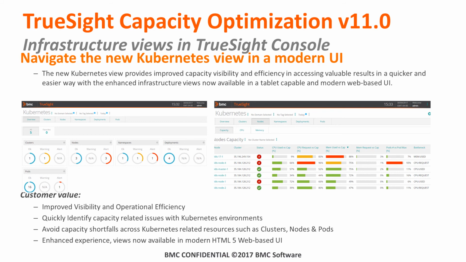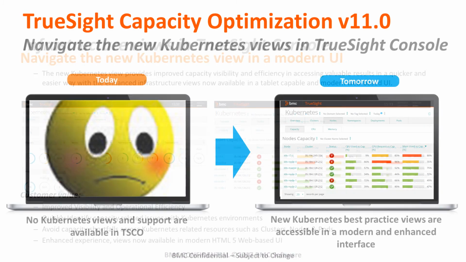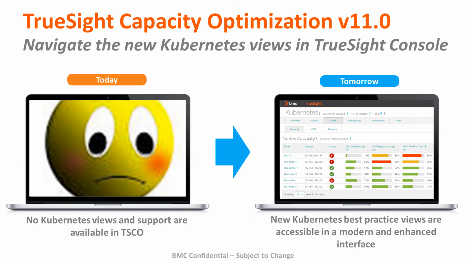They're designed to improve visibility into the environment, understand your current utilization across all the dimensions of Kubernetes, and then identify and avoid capacity shortfalls across clusters, nodes, pods, and all these various components within Kubernetes so that you ensure quality service. And it's all available within the enhanced experience of the HTML5 UI.